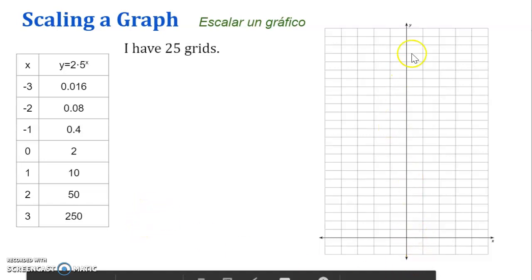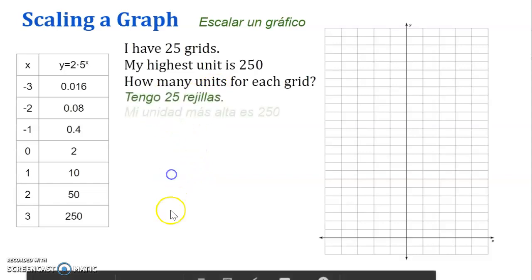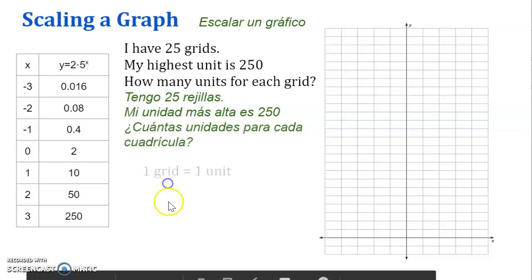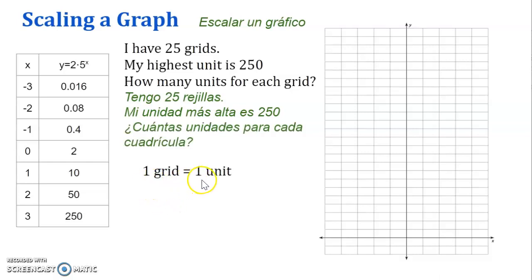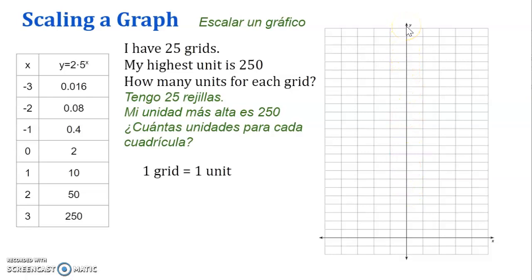I actually have 25 grids vertically, and my highest unit is 250. So what do you think? How many units for each grid? Should I make 1 grid equal to 1 unit? That means this will be 0, 1, 2, 3, 4, 5, 6, 7, and I am only going to extend up to 25.